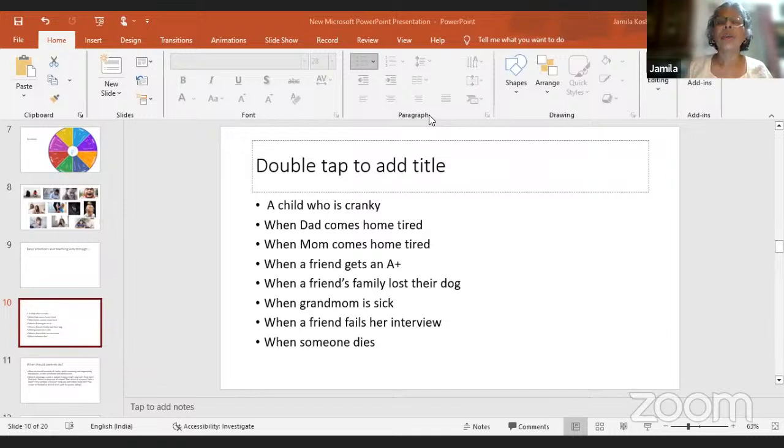Okay, that's good. If dad comes home tired, what would mom do? How would mom demonstrate to the children how to respond? Anyone?